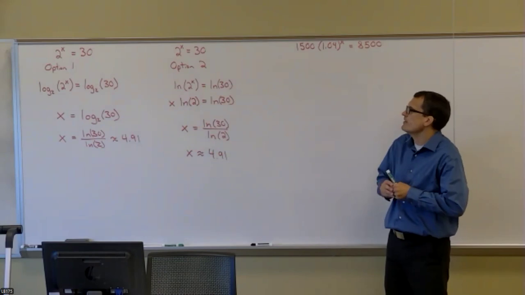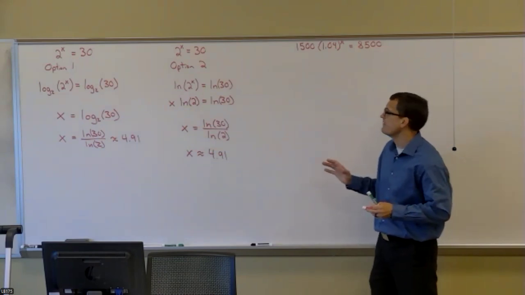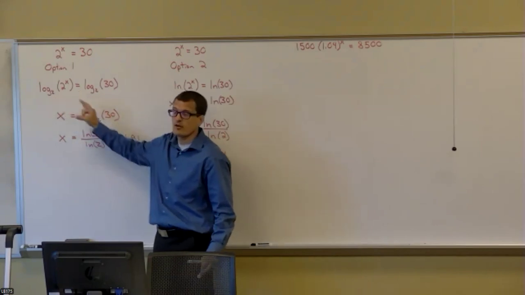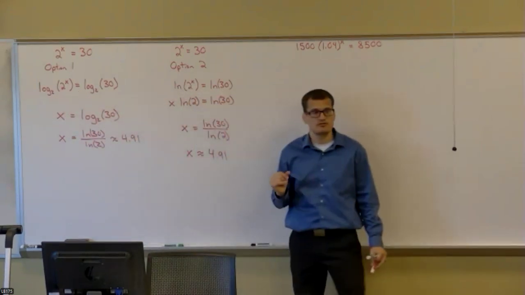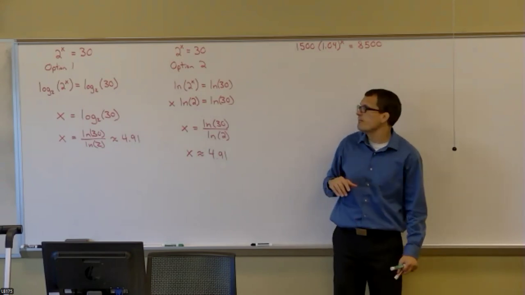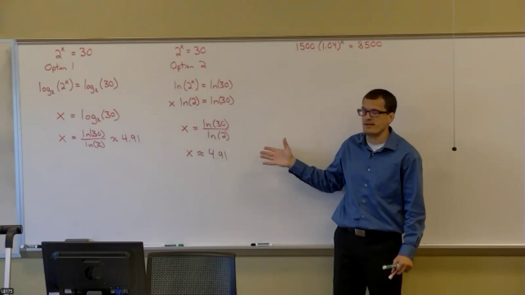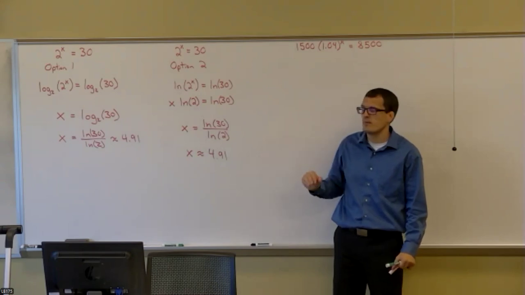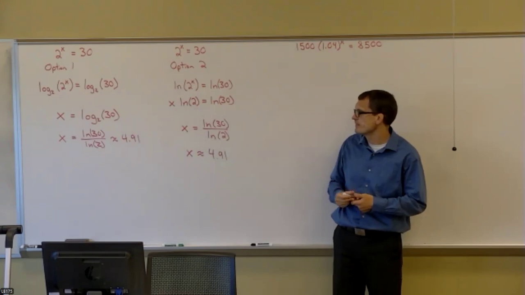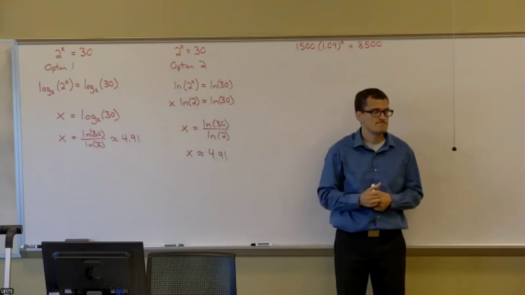Whether you take log base 2 of both sides or natural log of both sides, it doesn't matter to me. Both are going to give you the same thing in the end.